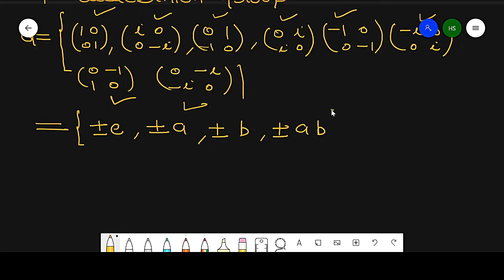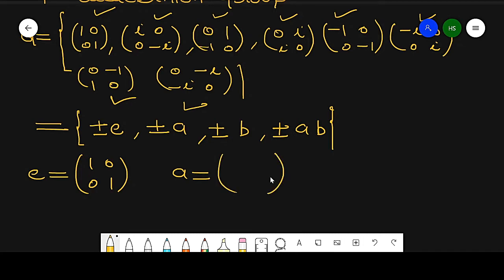So these are the 8 elements, where E is 1 0 0 1, A is iota 0 0 minus iota, and B is 0 iota iota 0.